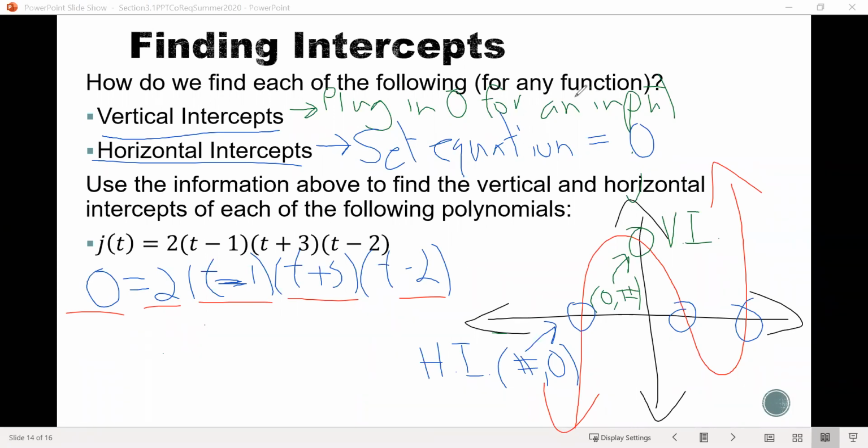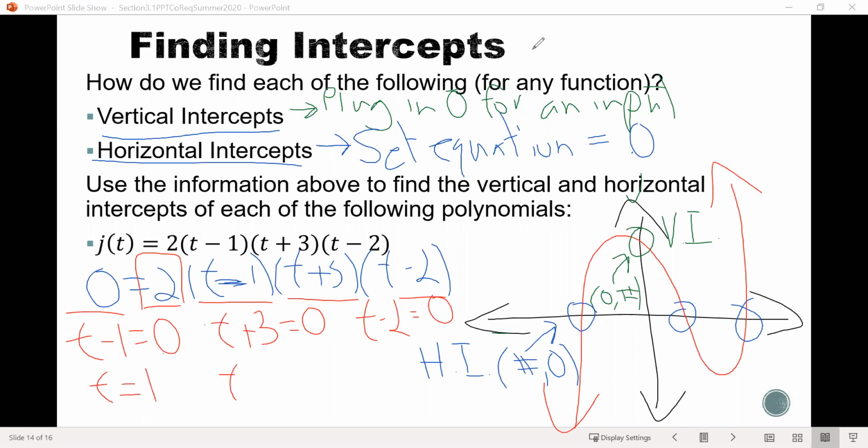Now, 2 can never be equal to 0, so we can ignore that. But everything else could. We could have t minus 1 equal to 0, t plus 3 equal to 0, or t minus 2 equal to 0. If we solve each of those, the first one we get t equals 1, second one t equals negative 3, third one t equals 2.